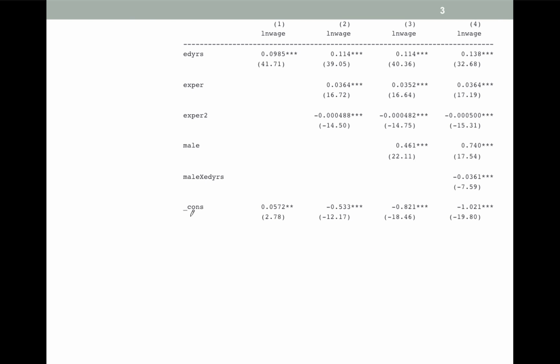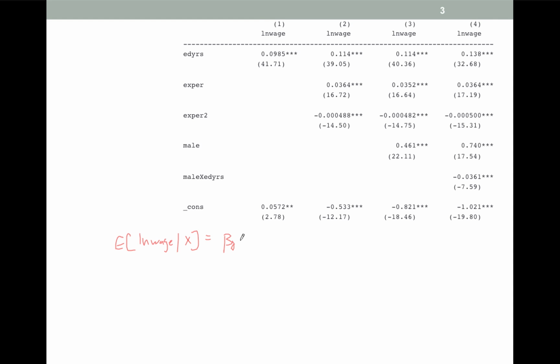So now let's take a look at that fourth column. In this model, we're adding yet another term, which is this interaction between male and education. So what we have is the expected value of log wage holding all of our x's constant.